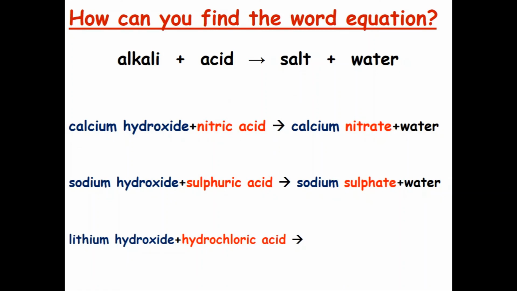Grab a piece of paper, pause the video and try to finish this word equation yourself. We have lithium hydroxide reacting with hydrochloric acid in a neutralization. The metal in the alkali here is lithium and the acid is hydrochloric acid, so the salt formed is lithium chloride, and again to finish this word equation we have to add the water.